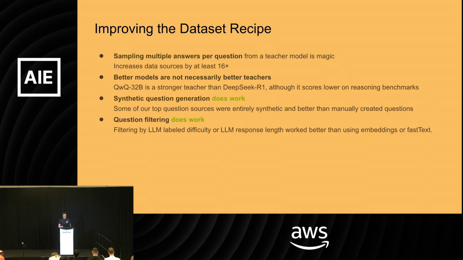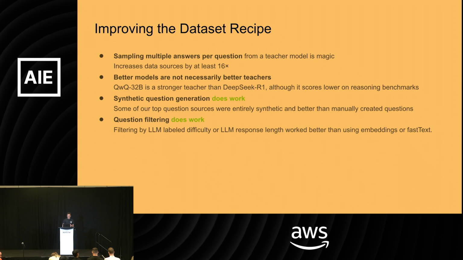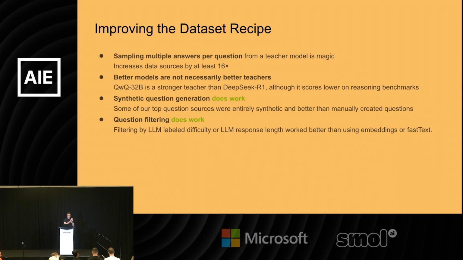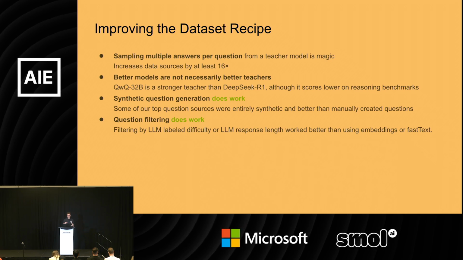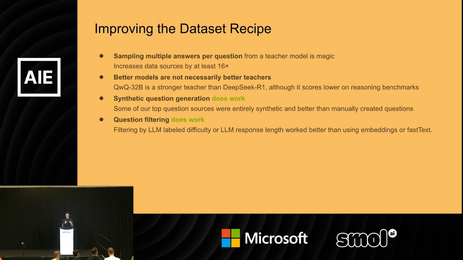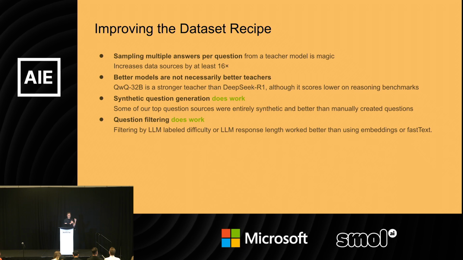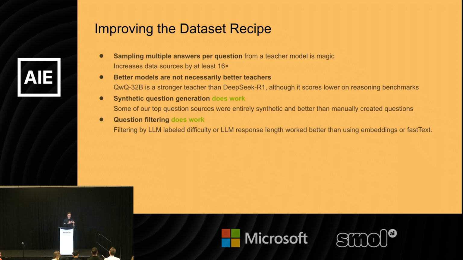Question filtering also works well. Here we filtered questions by asking a language model how difficult the question is, and then taking only the hardest questions. We also had a language model try to answer each question and looked at the length of that answer. These are sort of proxies for the same thing.